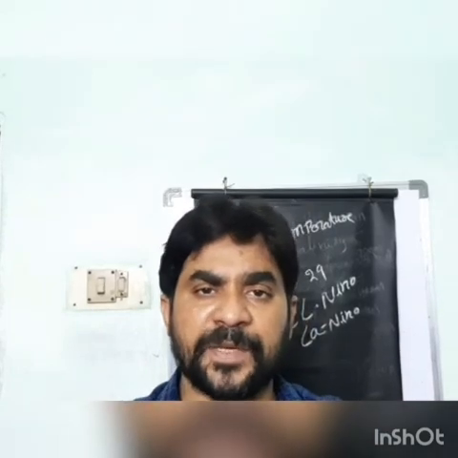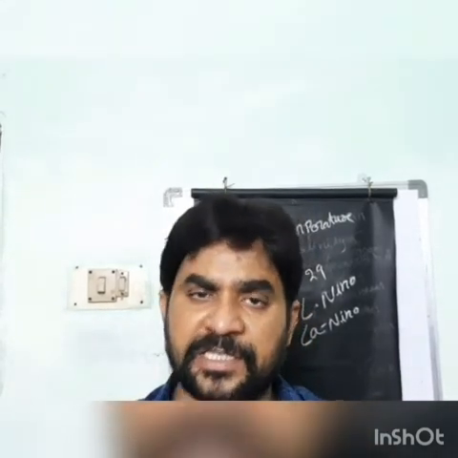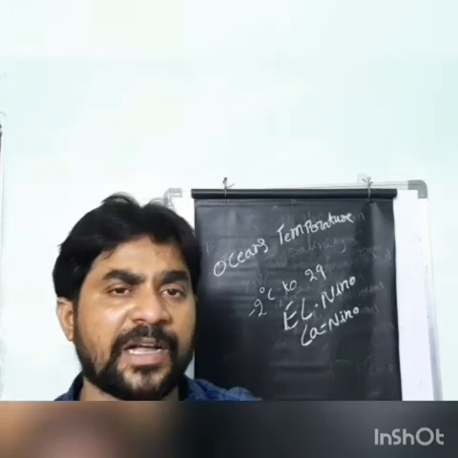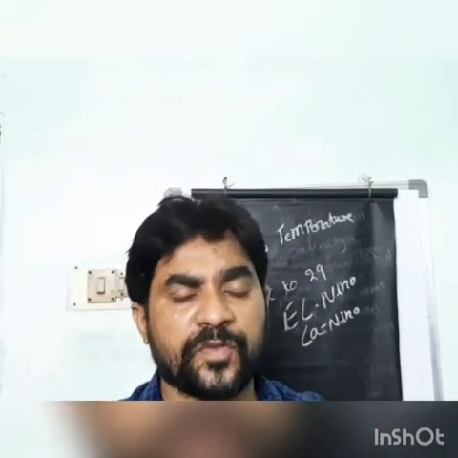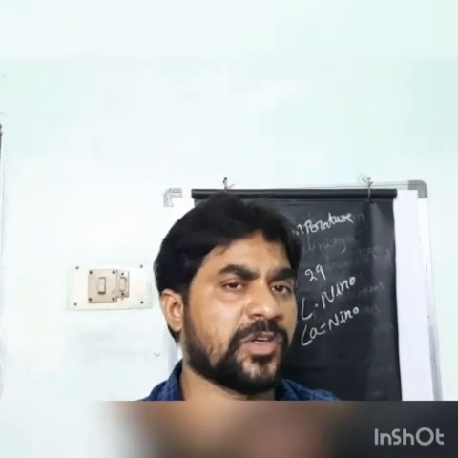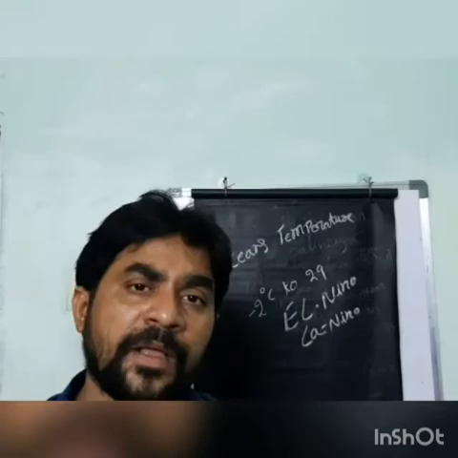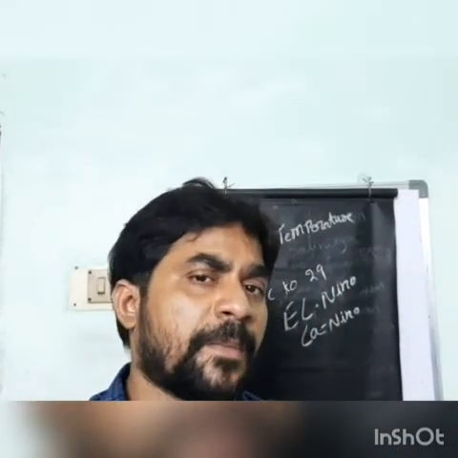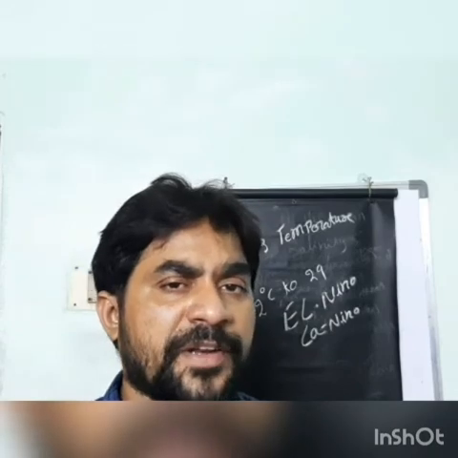So we people are affecting temperature changes because of El Nino and La Nino. These two are winds that occur at the time of the southwest monsoon. The temperature of the ocean is between -2 degrees and 29 degrees.